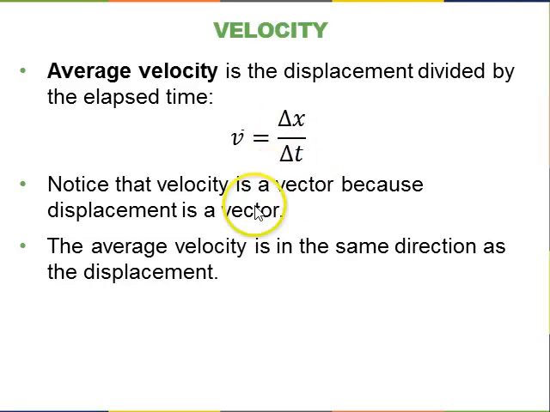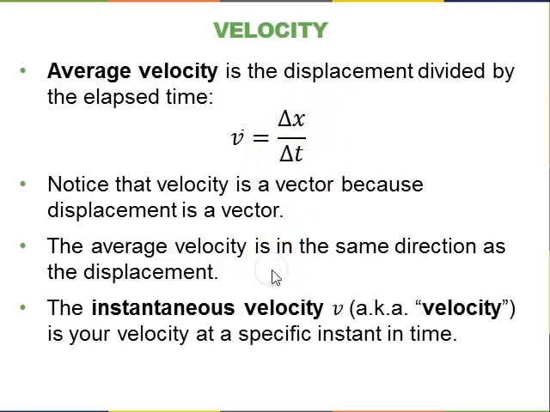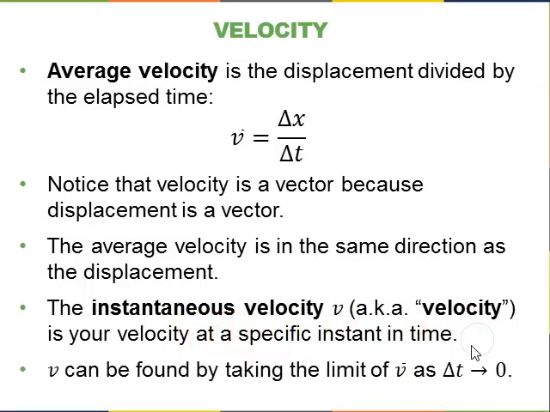So the average velocity is in the same direction as the displacement, but it's different than the displacement because it's scaled differently by the 1 over the delta t. And the instantaneous velocity, v, also known as velocity, is the velocity at any specific instant in time. And you can find that by taking the average velocity but taking the limit as this delta t goes to 0.